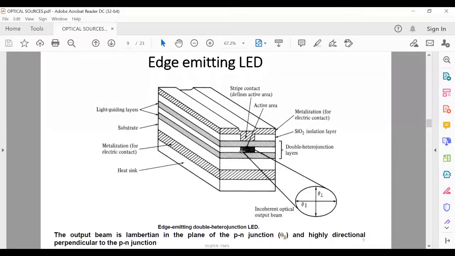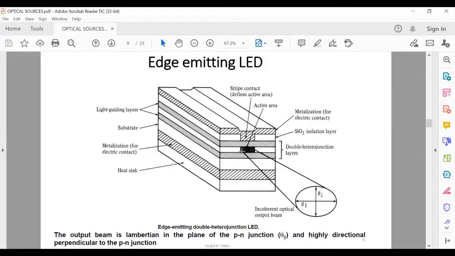Okay, now there are different features of this type of edge emitting LED, like there is a linear relationship between optical output and the current. Here the spectral width is to be maintained within 25 to a few hundred, up to 400 nanometer.